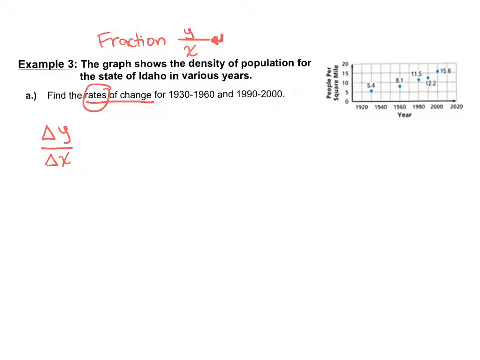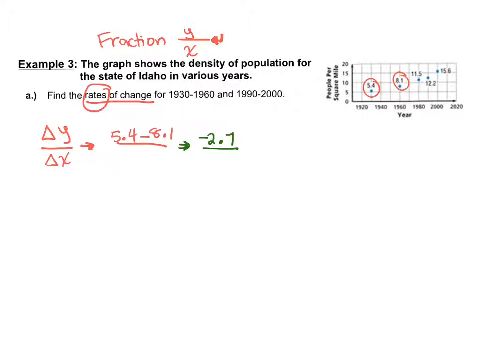From 1930, which was 5.4, to 1960, which was 8.1, the change that occurred is the difference between the two, because when you're calculating how much change occurred, you're subtracting the two quantities, and you want to know how much actually physically changed. When we do this math, we discover that this gives us a negative 2.7 change.